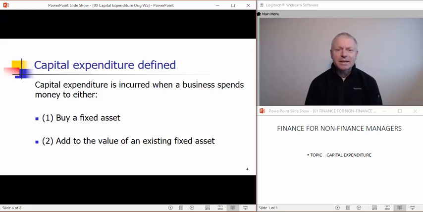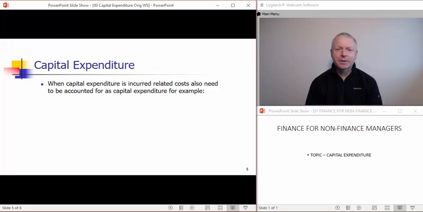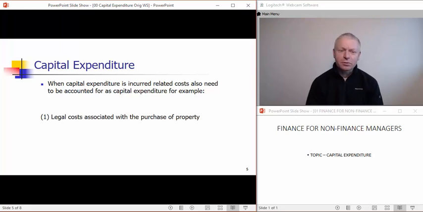Now there are other items that need to be considered when you're making an expenditure on capital items. There are three things in particular we need to draw our attention to. When capital expenditure is incurred, related costs also need to be accounted for as capital expenditure items. The first one being legal costs associated, for example, with the purchase of a property.